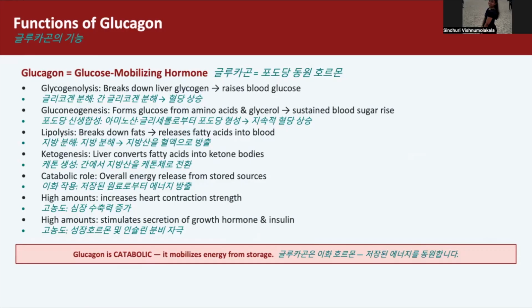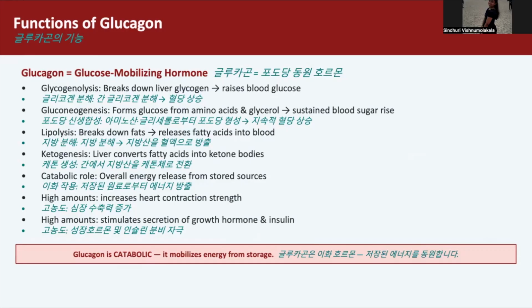Glucagon is also a powerful lipolytic agent. That means it breaks down the fats and releases fatty acids into the circulation. So, in the liver, the excess free fatty acids are converted into ketone bodies, that is acetoacetic acid, acetone, and beta hydroxybutyric acid.